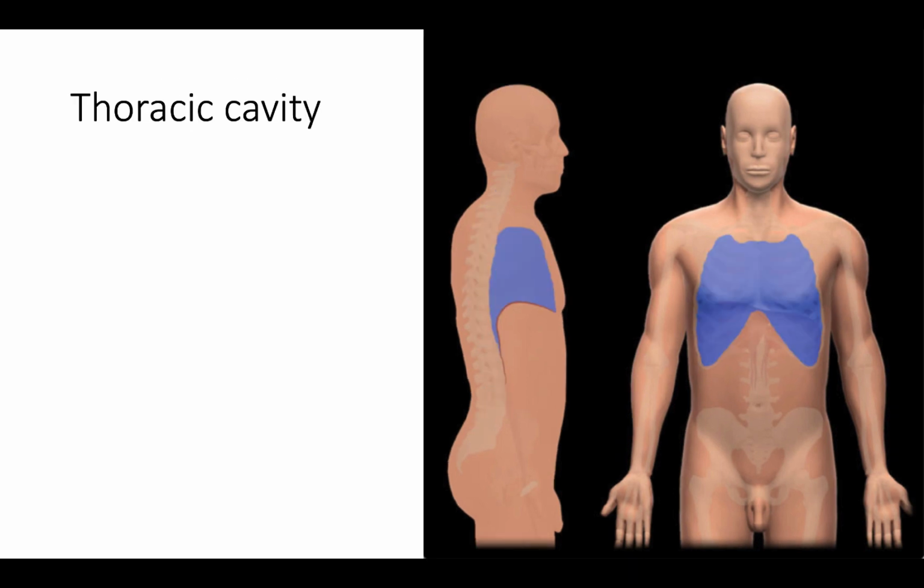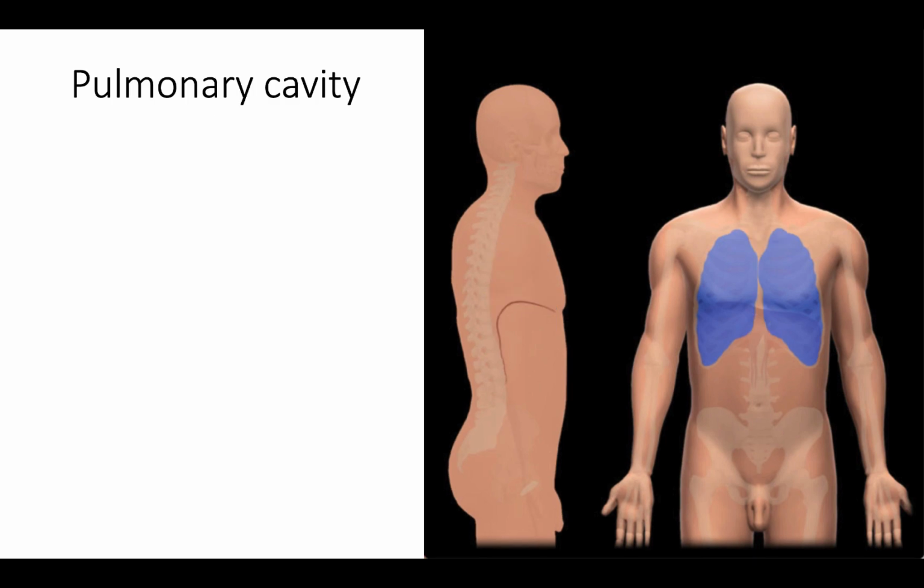The ventral cavity includes the thoracic cavity. The thoracic cavity is going to include the area where your heart and your lungs are. The pulmonary cavities are inside the thoracic cavity. So there's a right pulmonary cavity and a left pulmonary cavity.